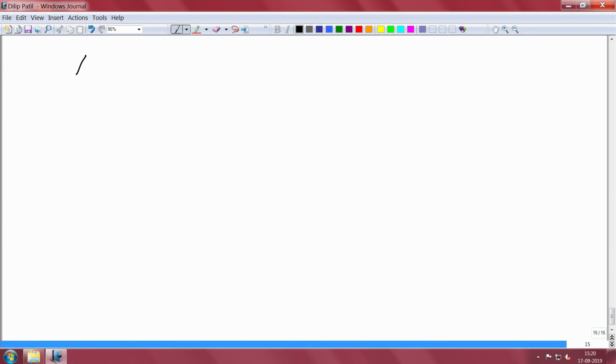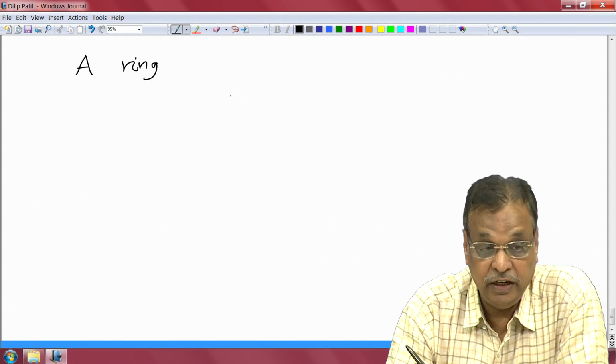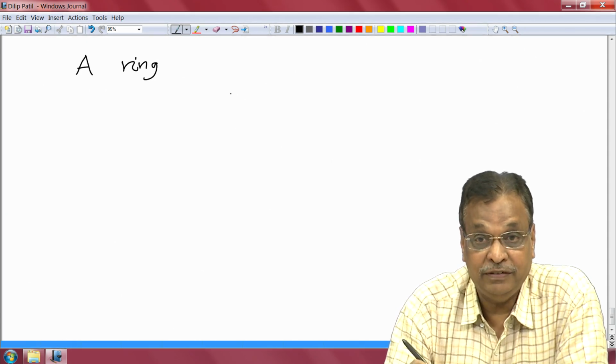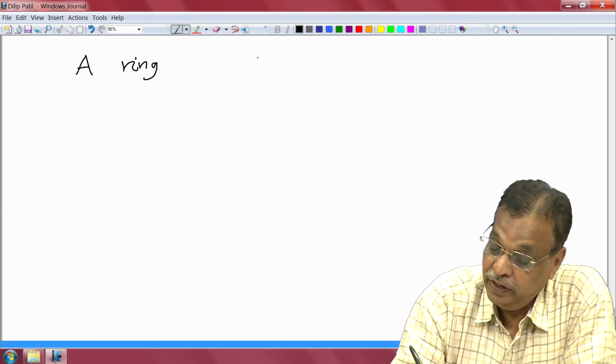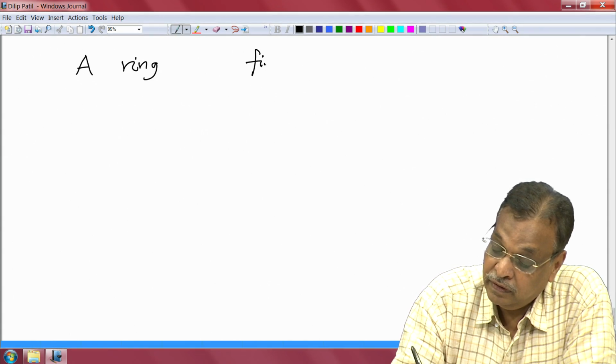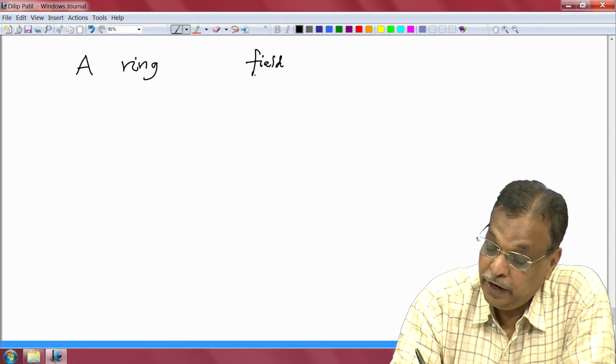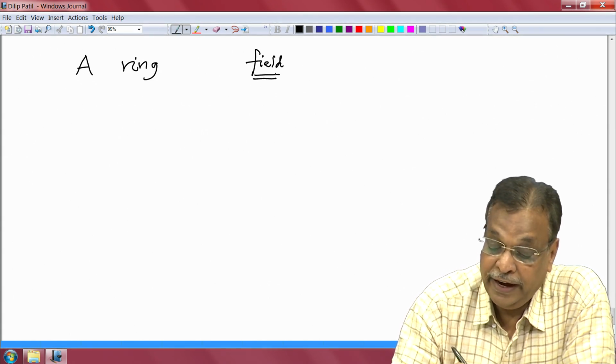Now, how do we know? The ring A. If you have seen it when you studied linear algebra, usually the base was a field. What is the main advantage in a field?